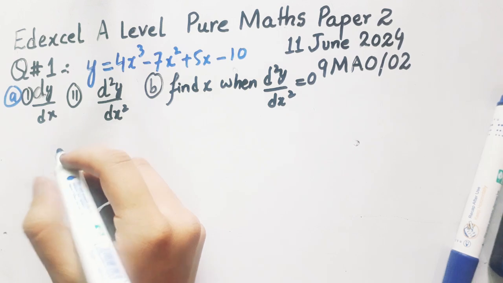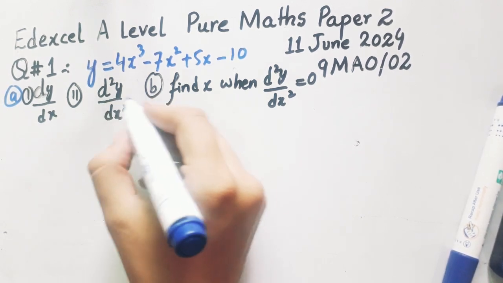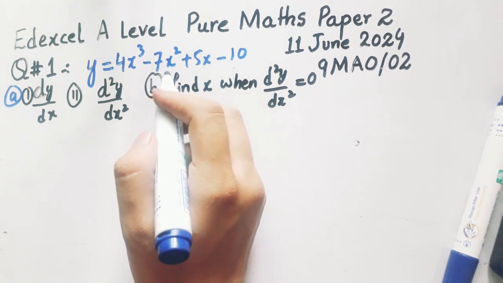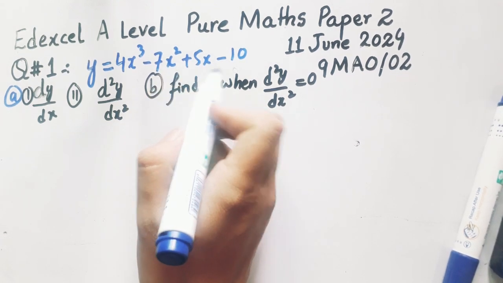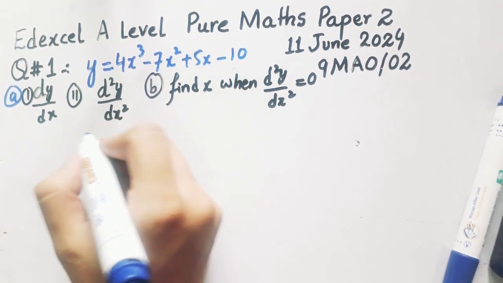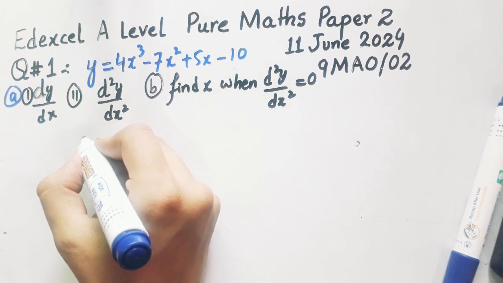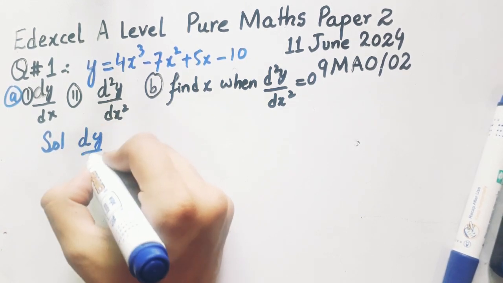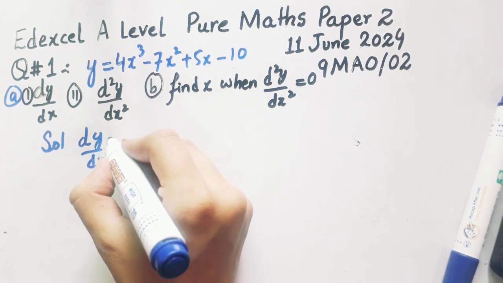First of all, take y is equal to 4x cube minus 7x square plus 5x minus 10, then find dy by dx, differentiate this function with respect to x.